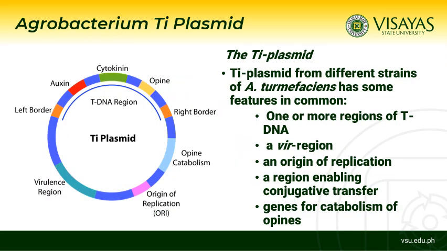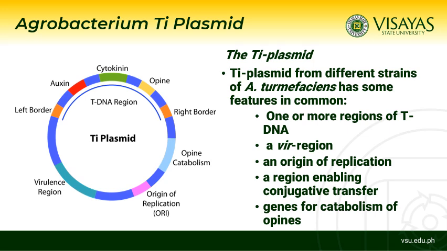Okay, we've been talking a lot about the Ti plasmid, but what is this Agrobacterium Ti plasmid? So the central role in this gene transfer is the bacterial plasmid, what we call the Ti plasmid. This crown gall formation occurs when the bacterium releases its Ti plasmid into the host plant cytoplasm. The Ti plasmid from different strains of Agrobacterium tumefaciens has some features in common. One of those features is the region of the tDNA or the transfer DNA.